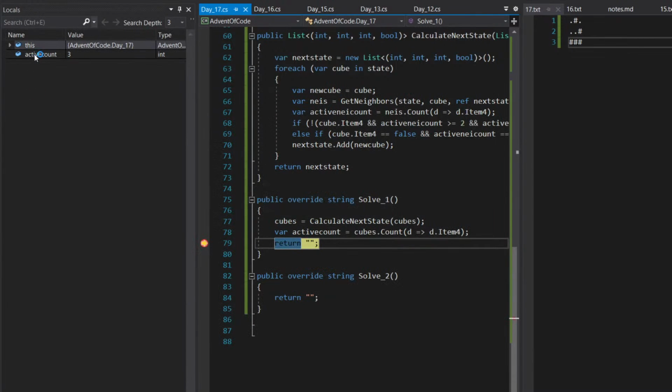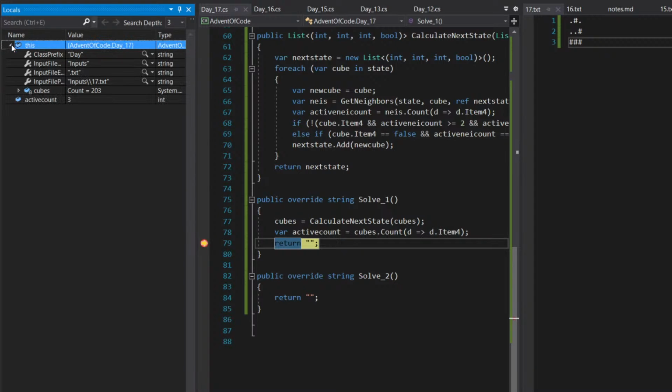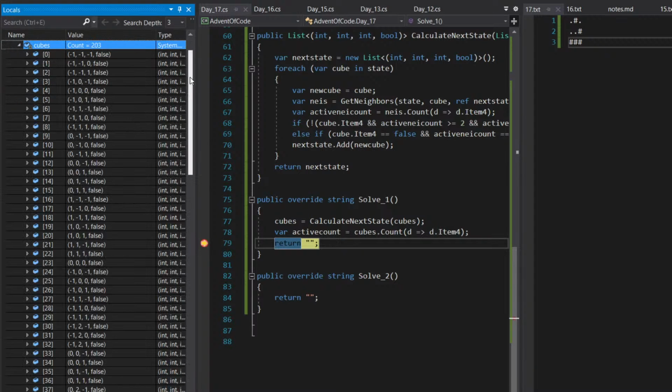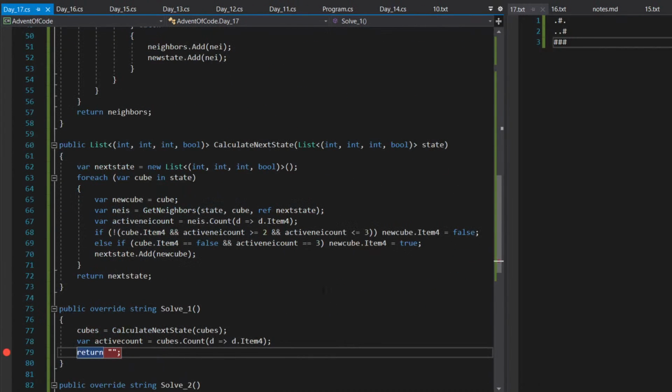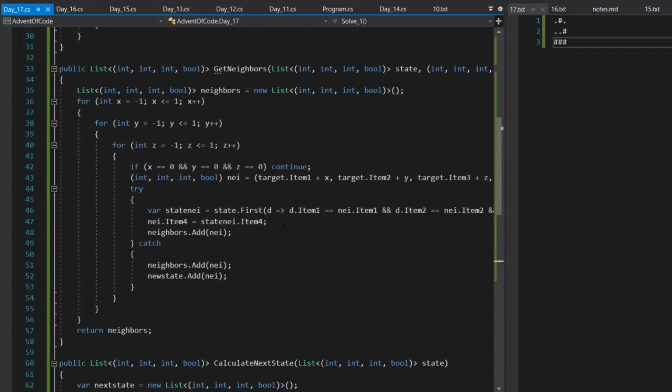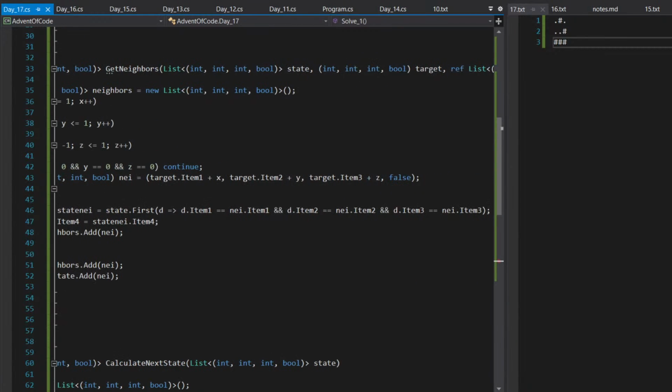Super slow. Active count is only 3. Oh, that's because I can't do this contains thing anymore. Where am I? No, this is right. I'm only checking each dimension.